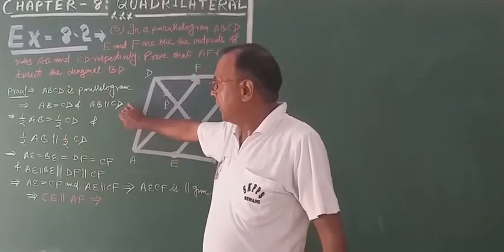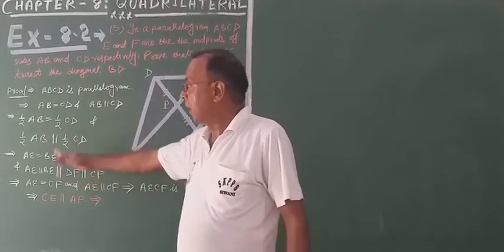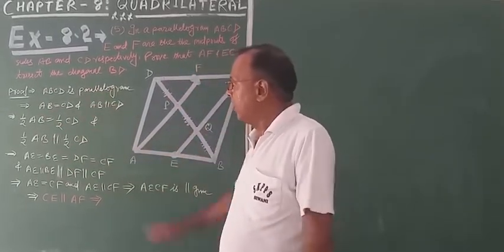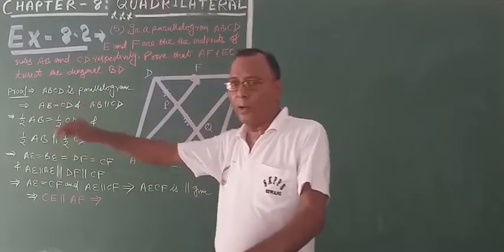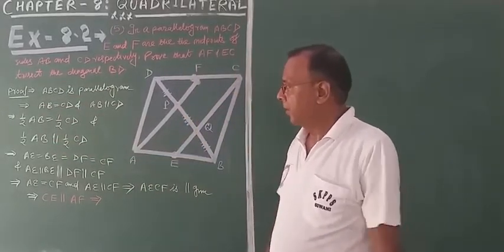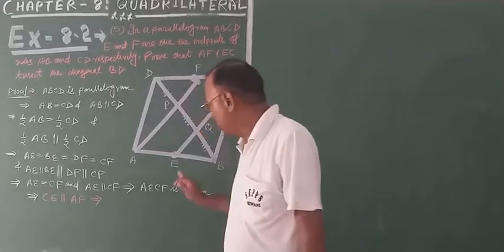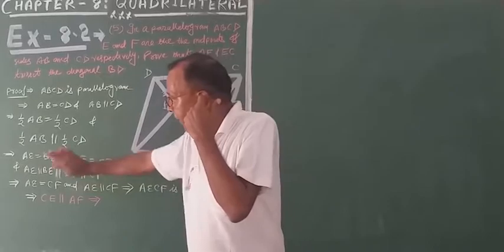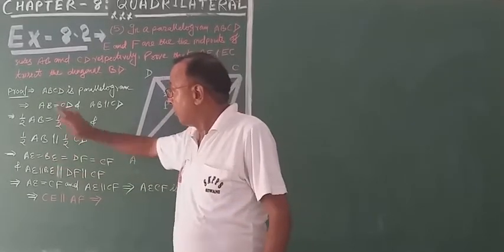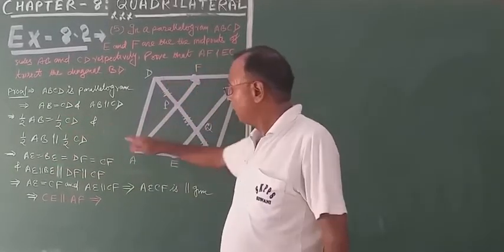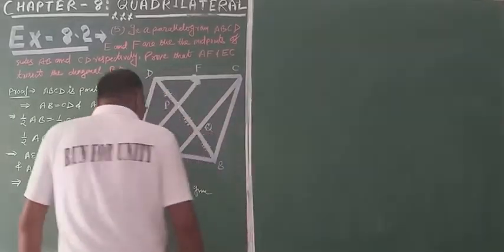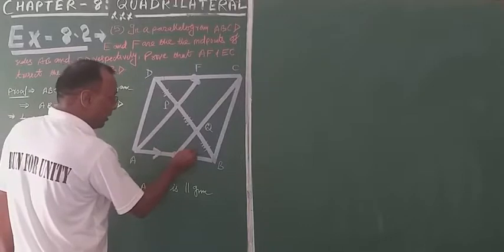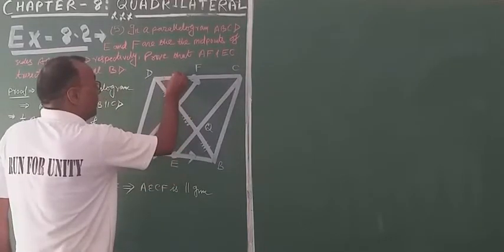So half of AB will be equal to half of CD and parallel to it. AE is equal to BE, and DF is equal to FC. All these four parts will be equal.